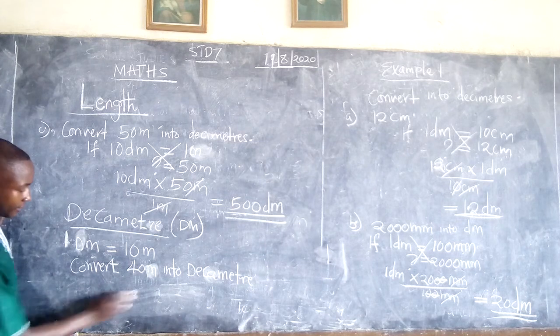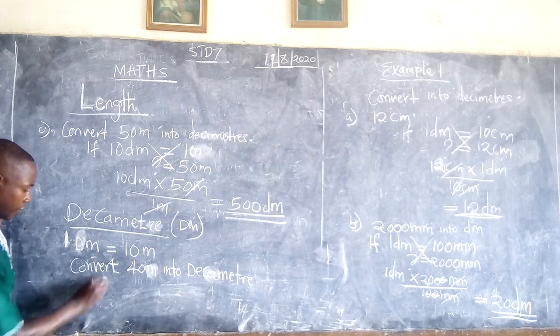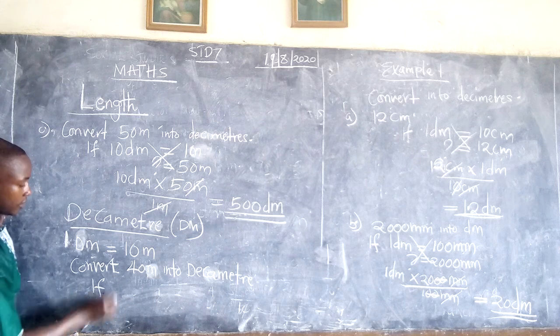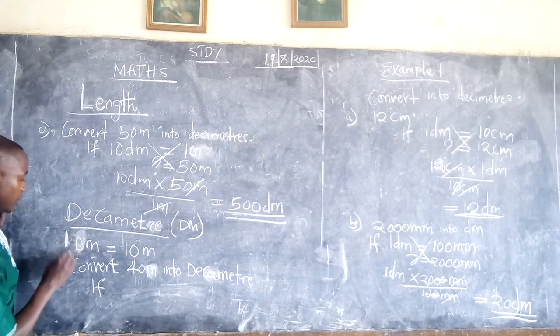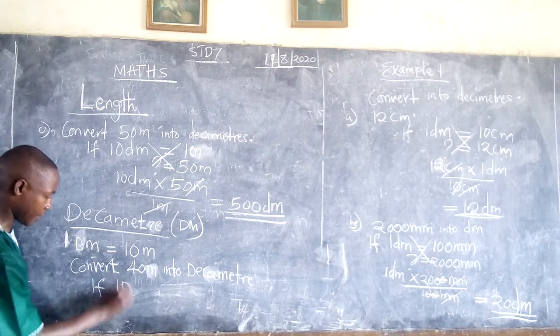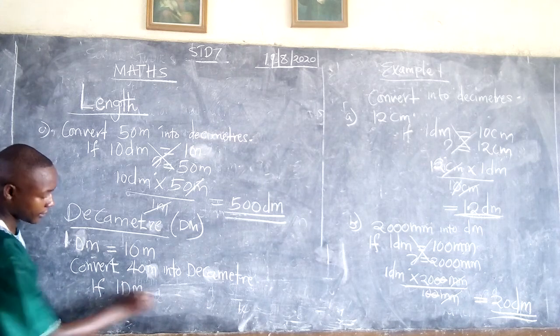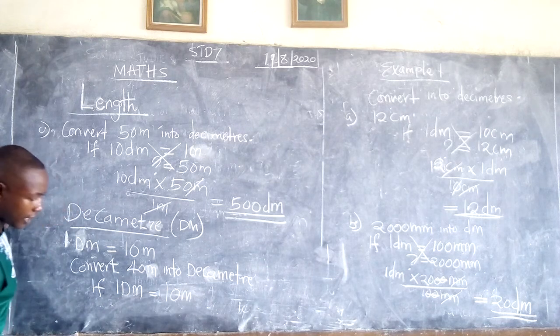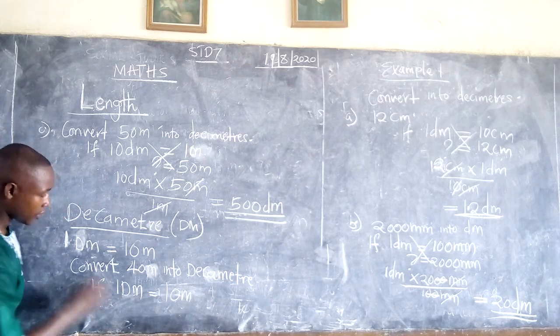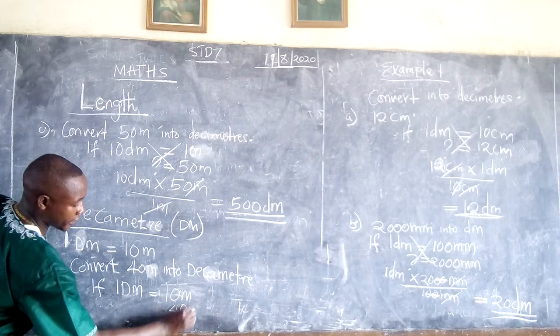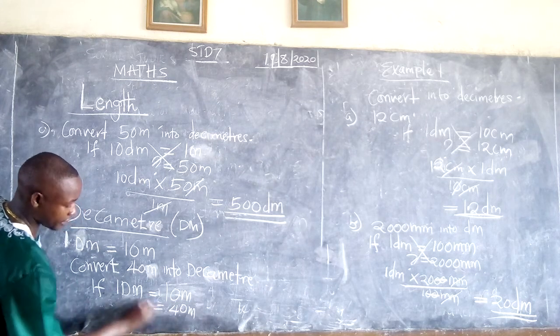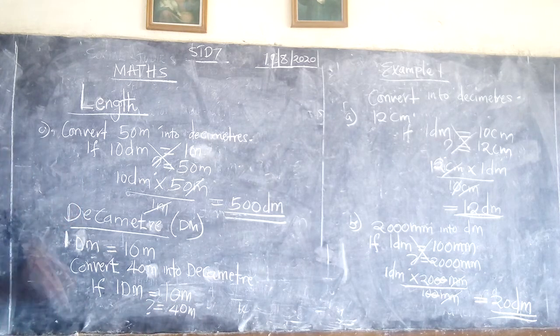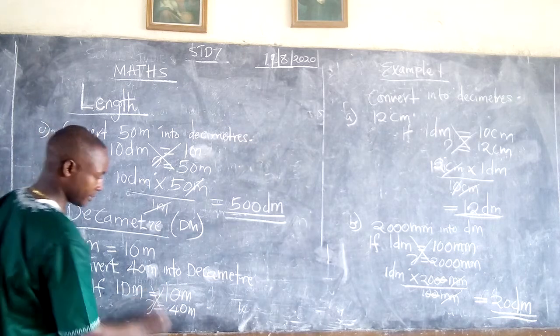You say, if 1 decameter is equal to 10 meters, you ask yourself, what about 40 meters will be equal to how many decameters? From here, you cross multiply as we've been doing.